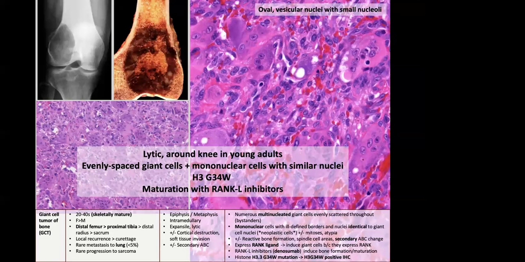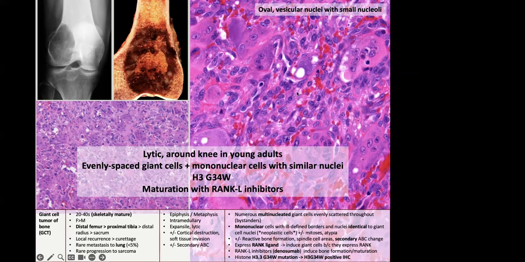GCT, or giant cell tumor of bone, again in skeletally usually mature patients, but also spanning the spectrum of immature to maturity, located around the knee. The neoplastic cells are the background mononuclear cells that have nuclei that resemble the nuclei of the giant cells, so kind of wrinkled with small nuclei.